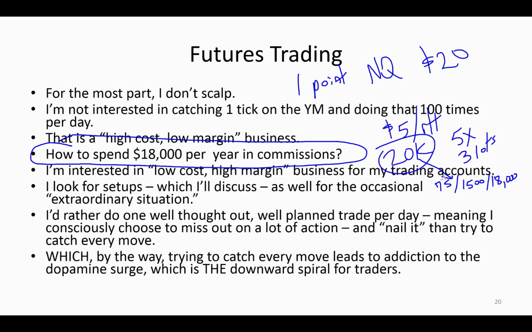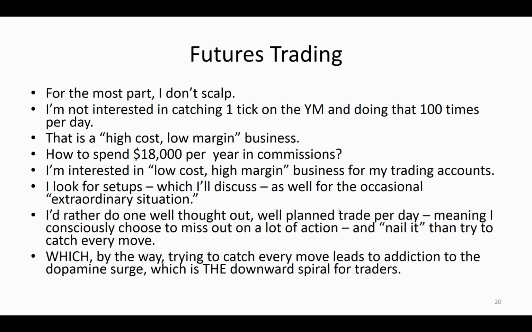So that's why I'm interested in more low cost, high margin business, meaning I would rather do 1 or 2 trades where I could get at least 5 to 10 points on those contracts. I also, based on the internals, which I'll discuss shortly, look for setups as well as occasional extraordinary situations.